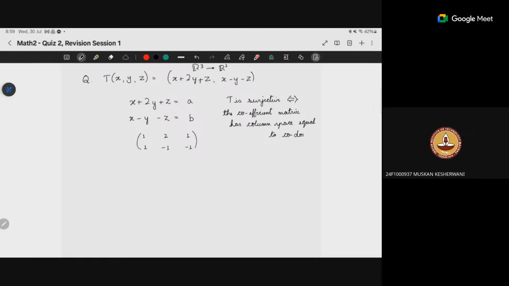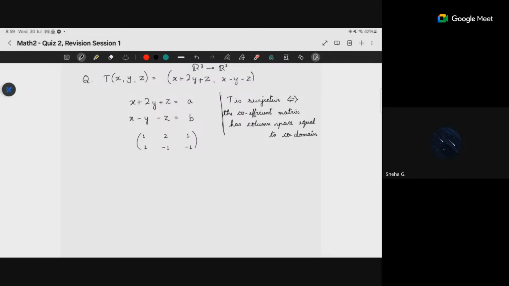What is the column space of this matrix? It's exactly the range of the transformation. Is that fine? Yes. Is this statement clear? Can you explain?